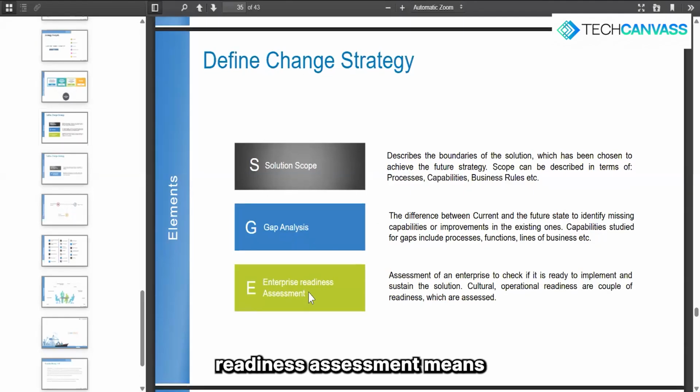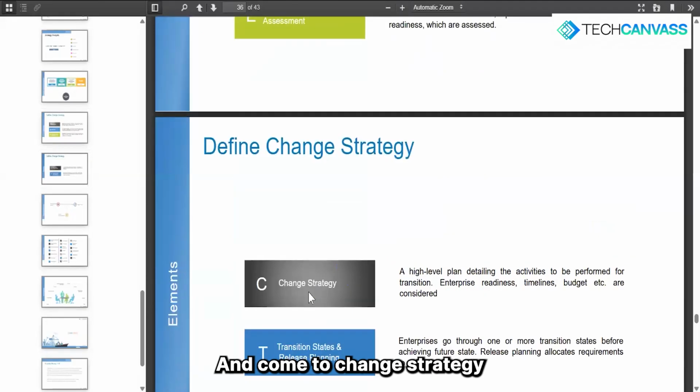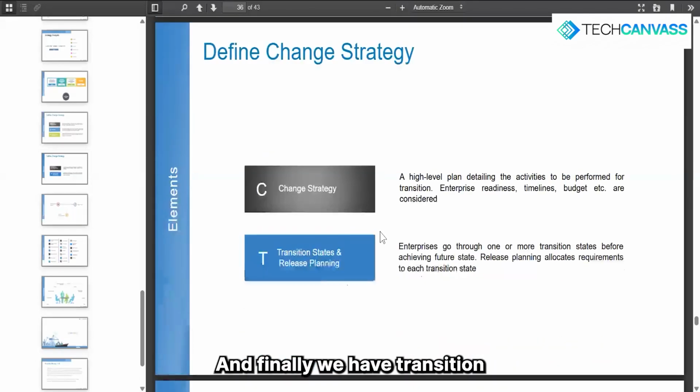Then we have enterprise readiness assessment, which means whether your organization is even ready to bring that change, and not only to make that change, but to sustain it for a long period of time. Does your organization have that readiness? You'll have to do that. Then comes change strategy. It's a high level plan where you will see the key milestones that will be used to transform from your current state to future state. And finally, we have transition states and release planning.